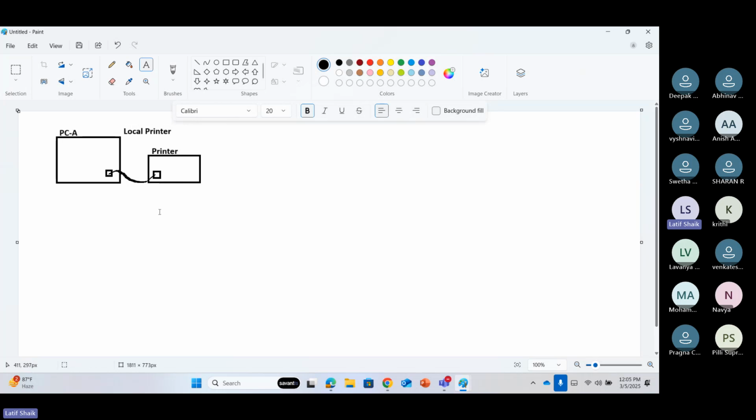The printer can be a dot matrix, laser, or inkjet printer, but I connected it directly to my laptop or desktop. So if I or anybody wants to print, we can print from my laptop or desktop only, not through the network. This is called a local printer.